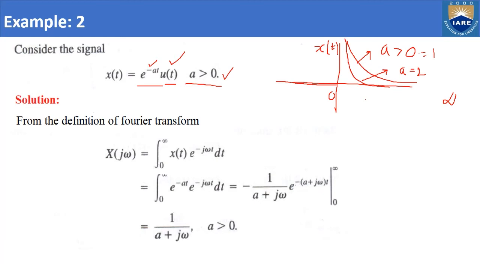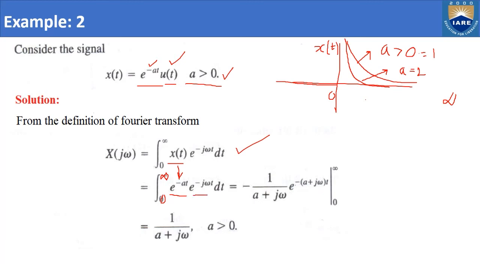Okay, so now let us take the definition. This is the definition of the Fourier transform. Replace the signal x of t with e to the power of minus a t, and I am getting rid of this unit step function. There is no unit step function here because I am using the limits 0 to infinity. So the unit step function I can remove now because I am specifying it in terms of the limits here.